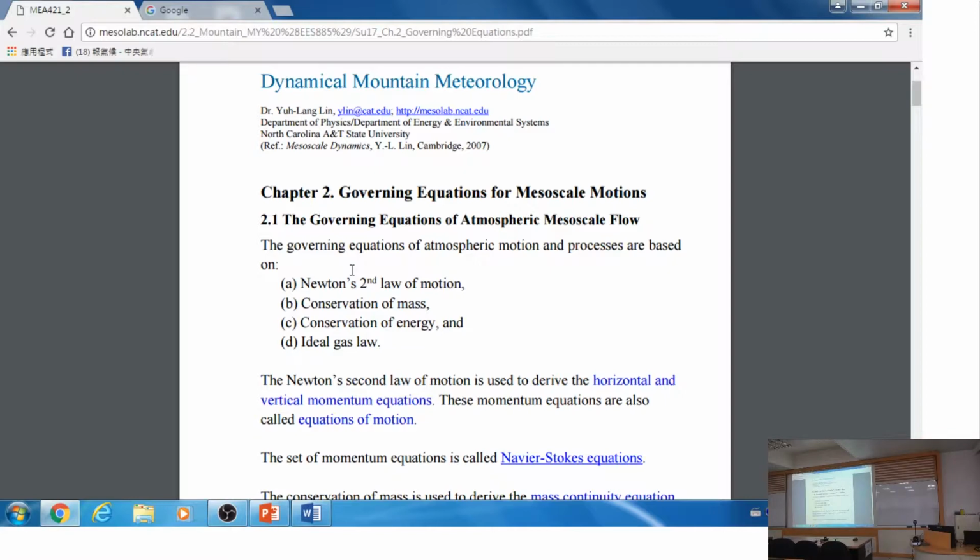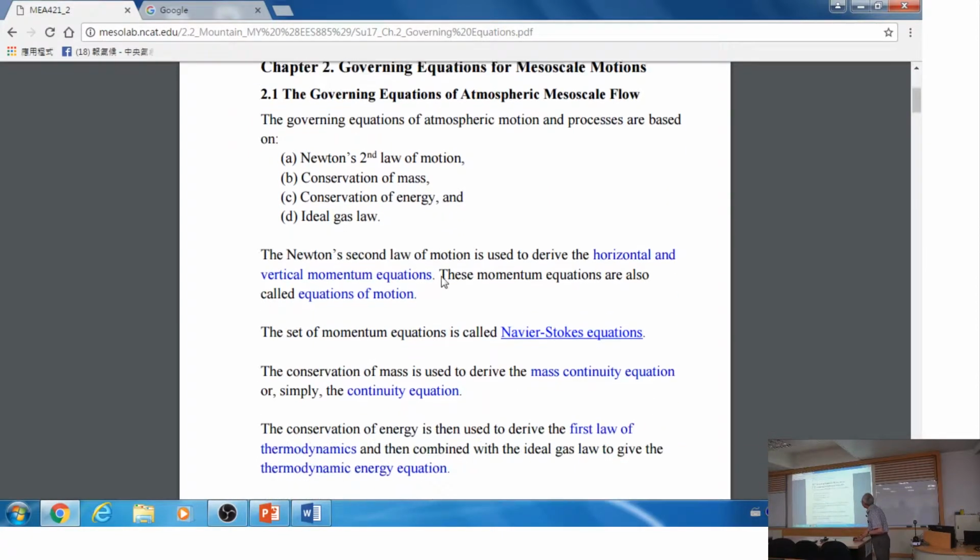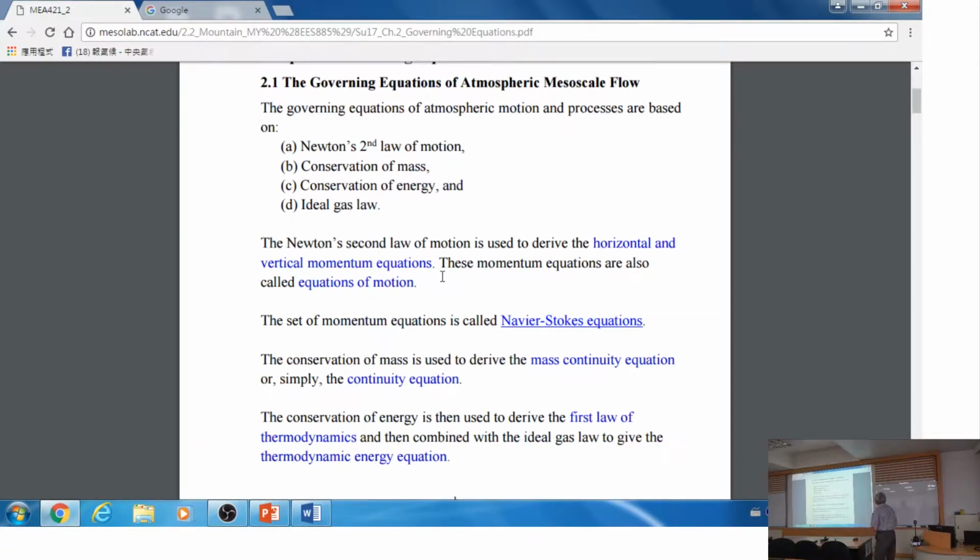So we can go a little quicker to save time for more important material. Basically, the governing equations of atmospheric motions and processes are based on Newton's second law of motion, conservation of mass, conservation of energy, and the ideal gas law.